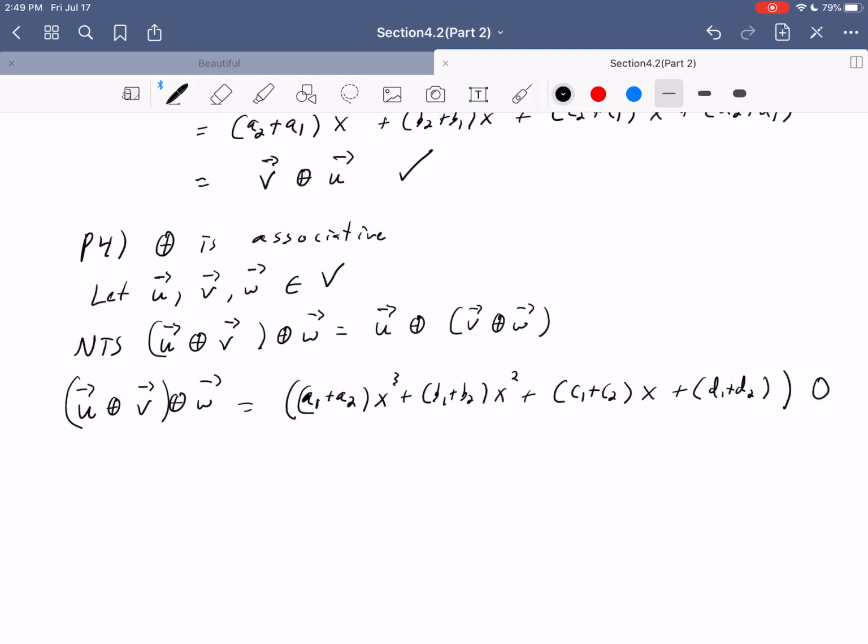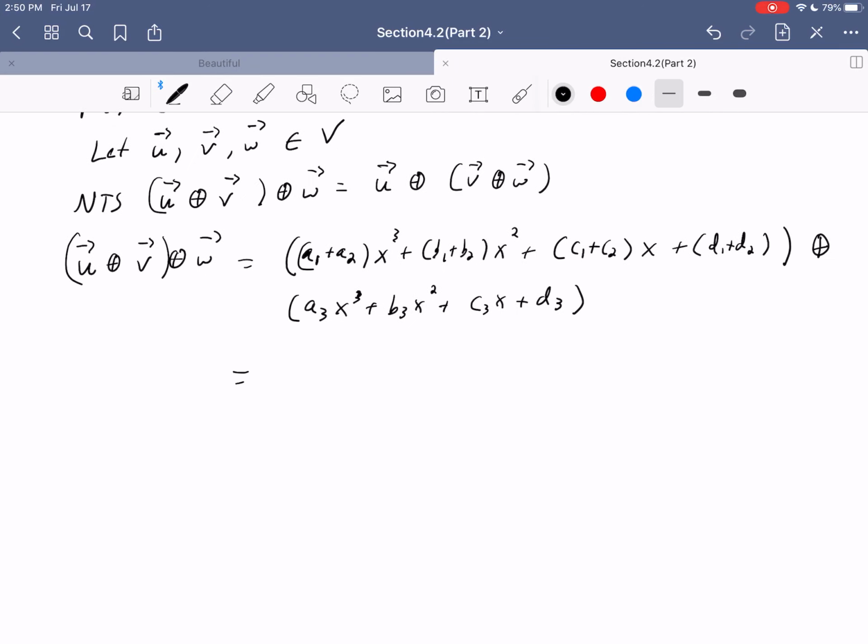And then we have that added by vector addition to this W. And remember, W is the same sort of polynomial except we just used all the subscripts of 3. So it's plus A3 x cubed plus B3 x squared plus C3 x plus D3. Okay, now we have this addition under vector addition, which we know you just add component-wise.